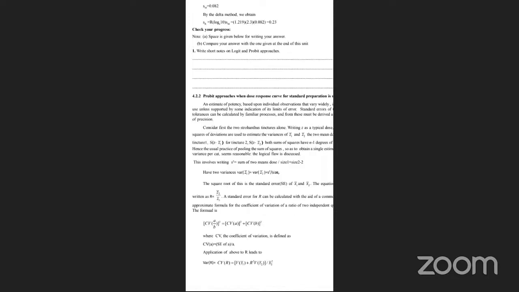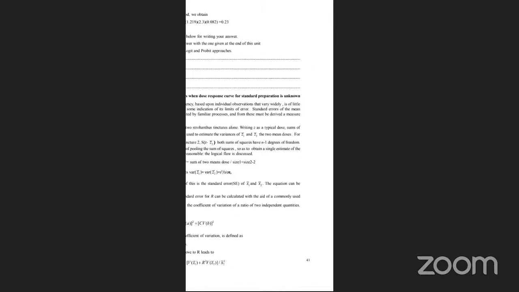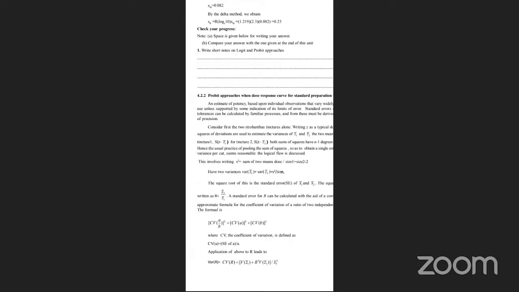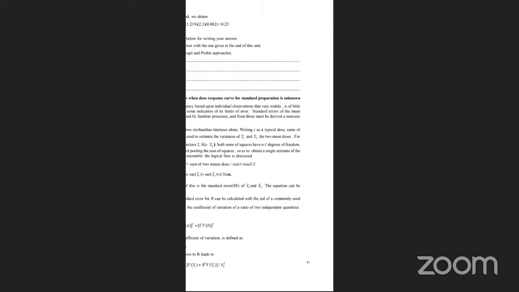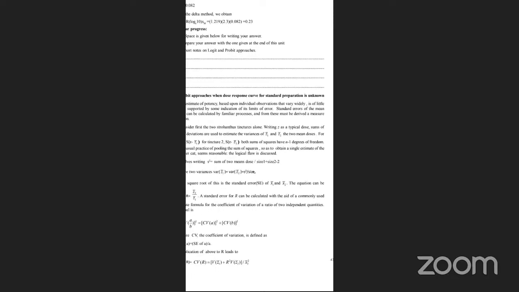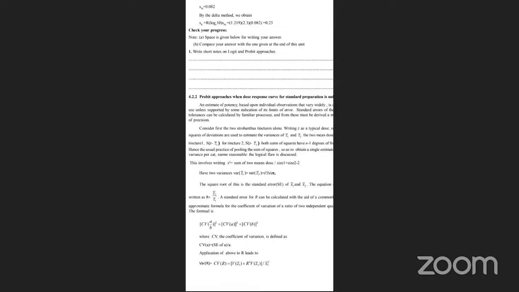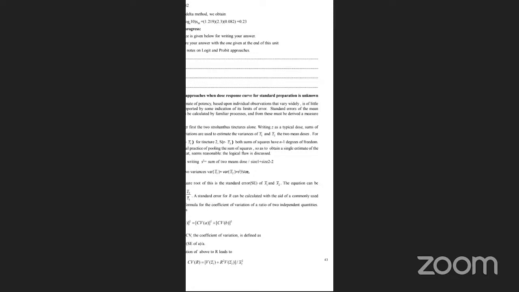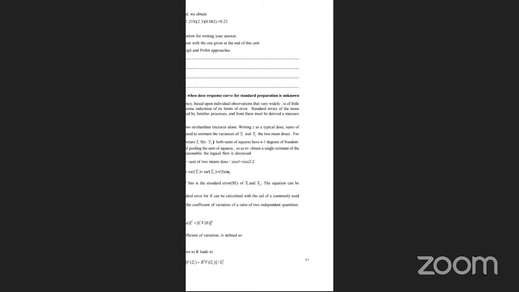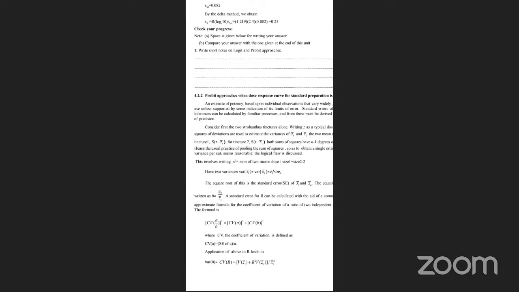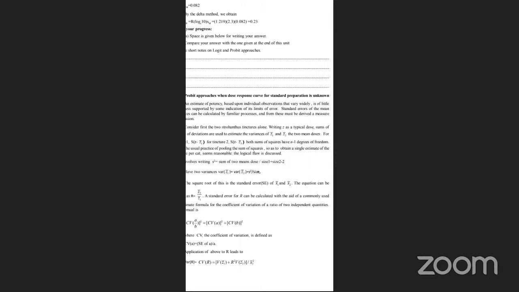Probit approach when the dose response curve for standard preparations is unknown. An estimate of potency based upon individual observations that vary widely is of little use unless supported by some indication of its limits of error. Standard errors of the mean tolerances can be calculated by familiar processes, and from these must be derived a measure of precision. Consider first the two stochastic structure alone.